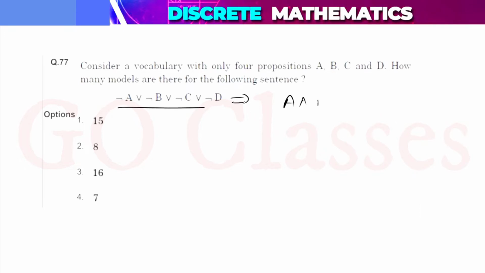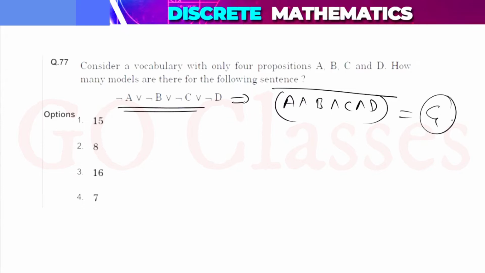You can also write it like this: A and B and C and D complement, because this is just applying De Morgan's law. If you apply De Morgan's law, then both are the same. Now I want to make it true. Let's call it G. I want to find for how many interpretations this G will become true. So G becoming true means this will become false.